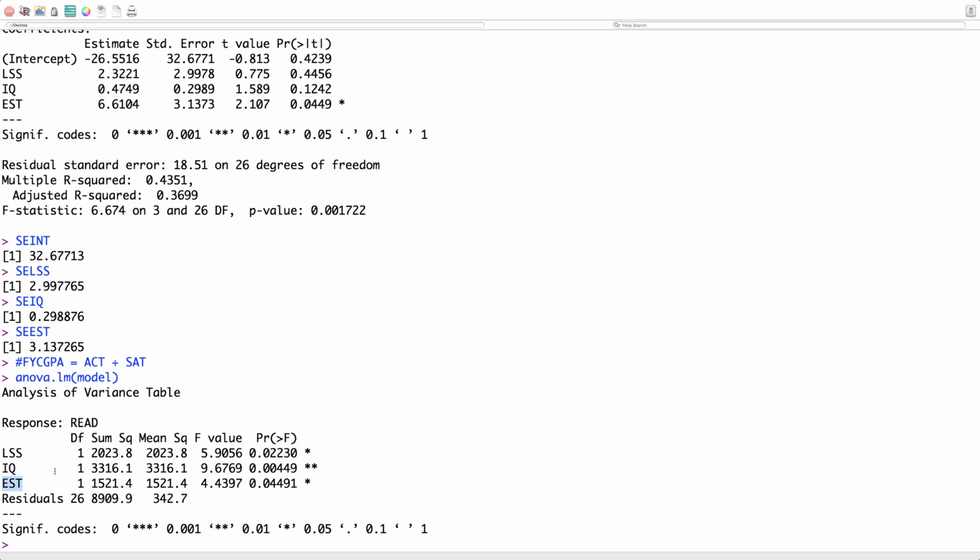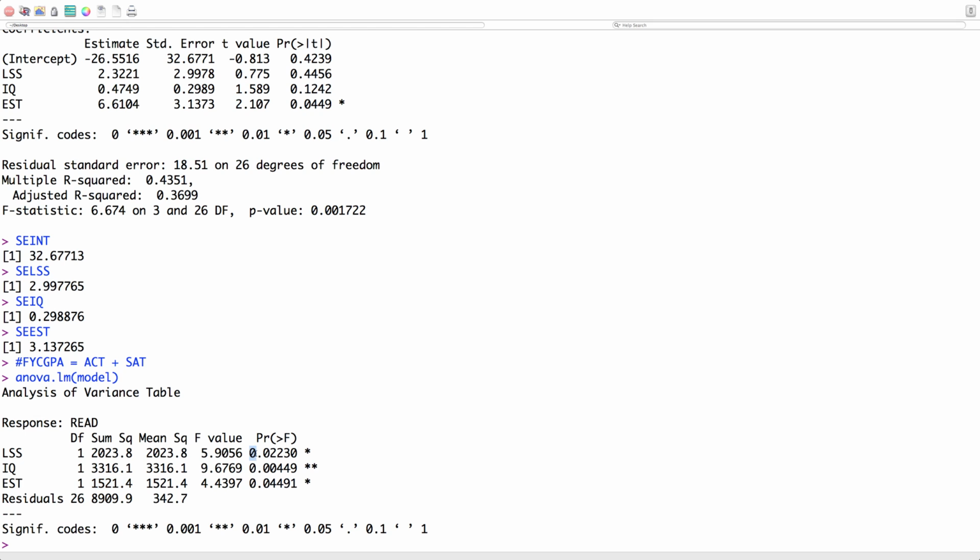All right, no big deal. Trust me, if you add those three numbers together, 2023.8, 33.16, and 1521.4, you're going to get 6861.3, just like we got for the sum of squares for regression. Now is when the fun starts. What they do here is they create what's called a sequential partition of the sum of squares.